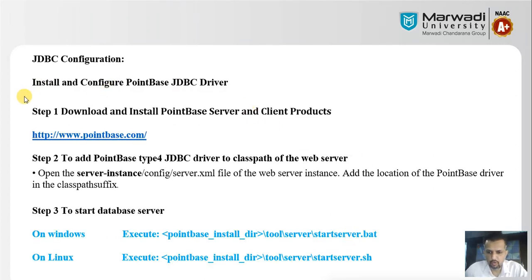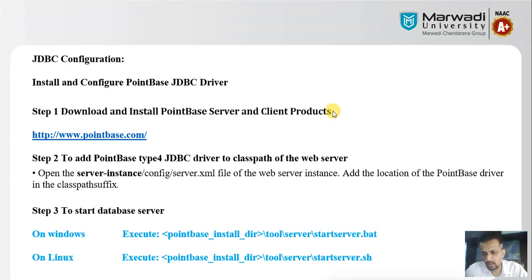So how will we configure such a JDBC driver with our application? What is the step? Install and configure the PointBase JDBC driver. Step 1 is you must use the PointBase JDBC driver specifically. What is the process? We have given this URL. Download and install the PointBase server and client product.